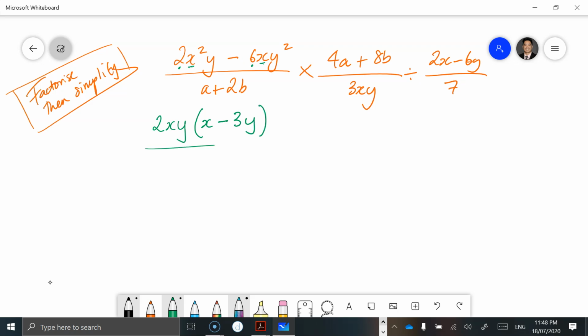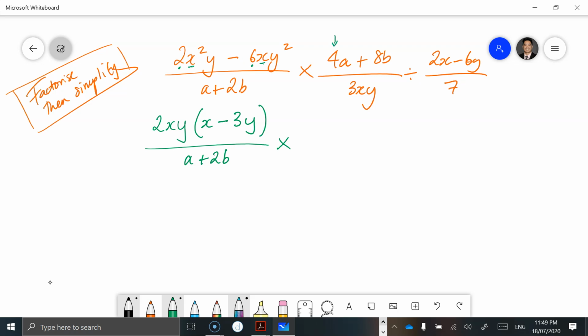Okay. Now let's look at the bottom one, a plus 2b. There is nothing that we can simplify there. We can't factorize it. So we're going to leave it as so. Let's look at the second fraction. Up the top, we can factorize.